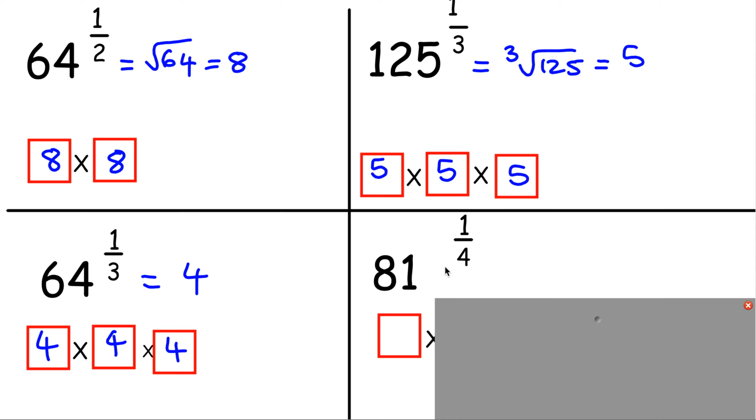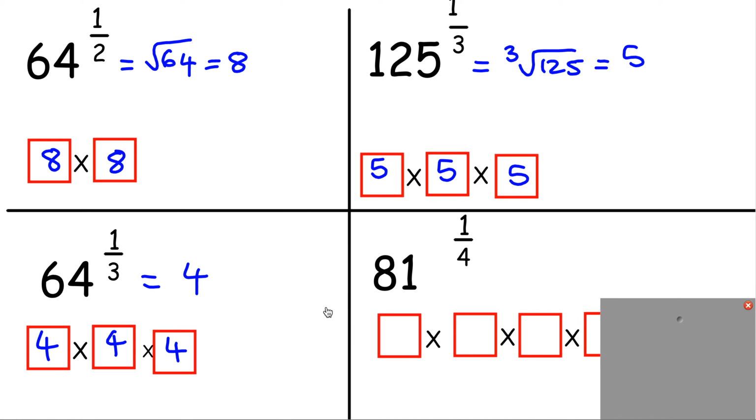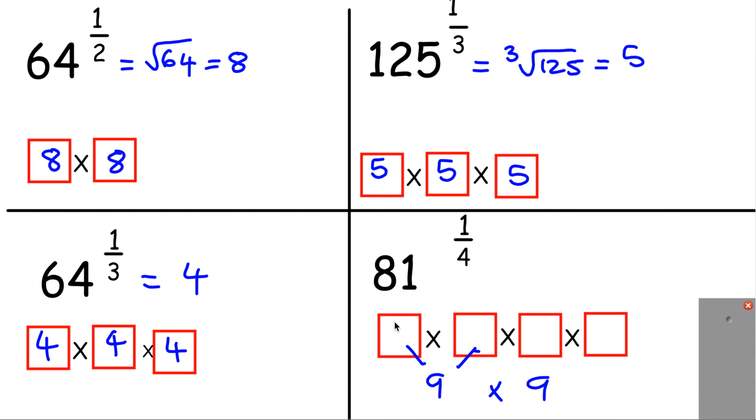So 81 to the power of 1 over 4, how many boxes would I need? I would need 4. So you now got to think of a number that multiplies by itself 4 times to give me 81. Well, I know 9 times by 9 gives me 81, but to get the 9 in the first place, I can say 3 times by 3.